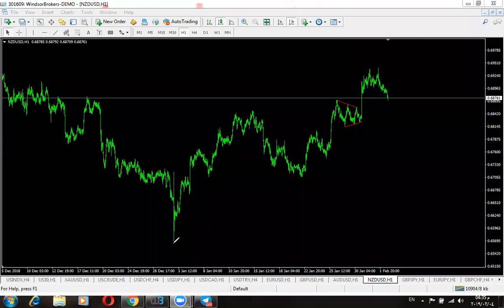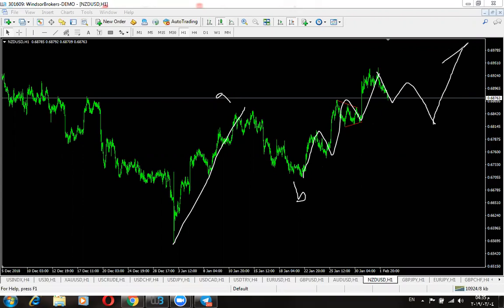This is whole A, this is B, and wave C is incomplete. 1, 2, 3, 4, 5. So we might see a correction to the downside like this before we start moving to the upside. This is wave A, B. Wave C is not at this place.